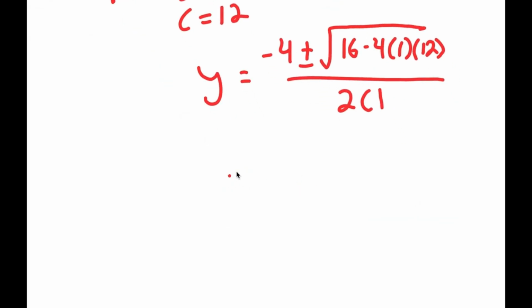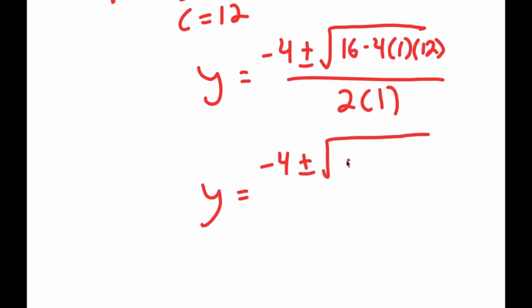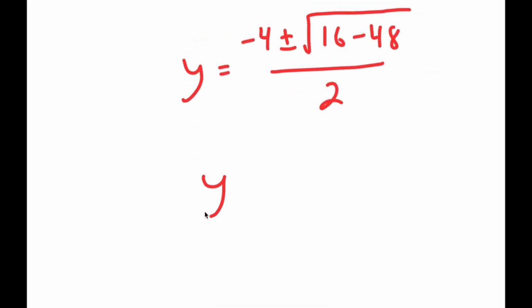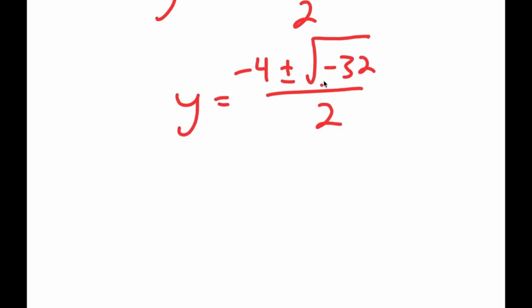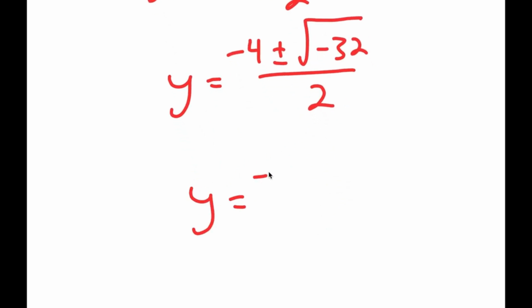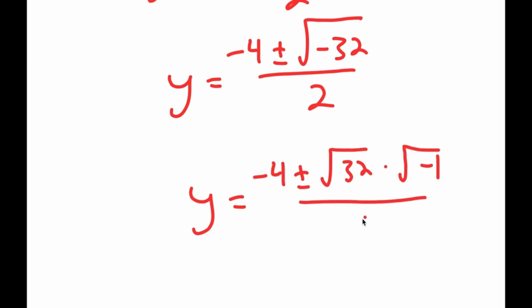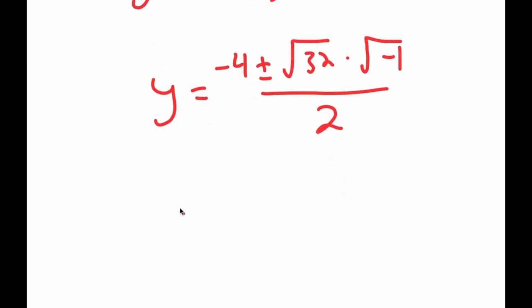Now this turns into y is equal to negative 4 plus or minus the square root of 16 minus 48 over 2. And this is equal to negative 4 plus or minus the square root of negative 32 over 2. And the square root of negative 32, I can rewrite that as the square root of 32 times the square root of negative 1. The square root of negative 1 is equal to i, the imaginary number i.